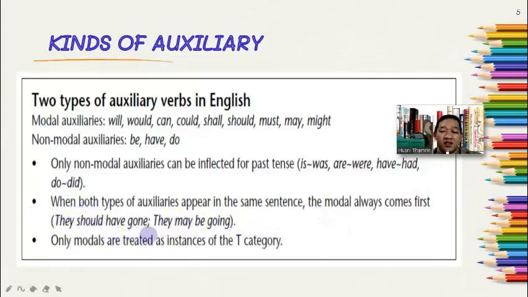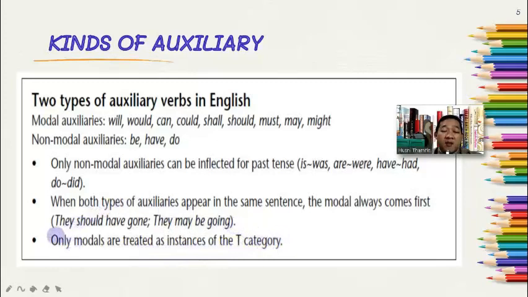Okay, when both types of auxiliaries appear, the modal always comes first. Okay, this is should, the first. They should have gone. They may be going. Okay, and the modals are treated as instances of the T category.